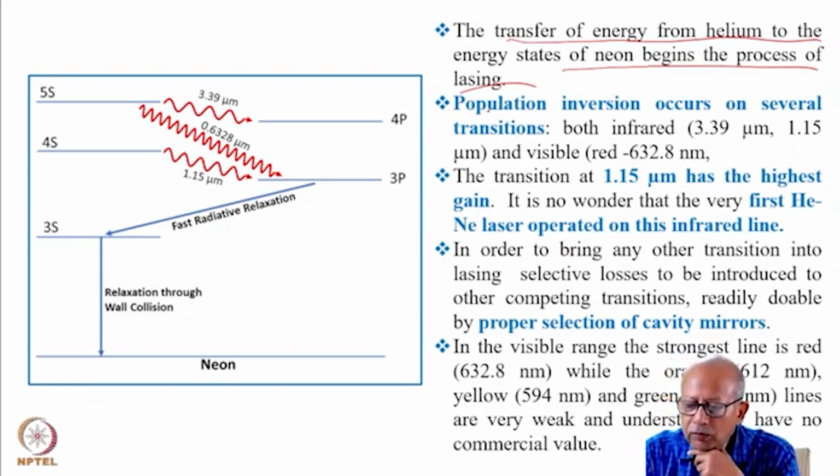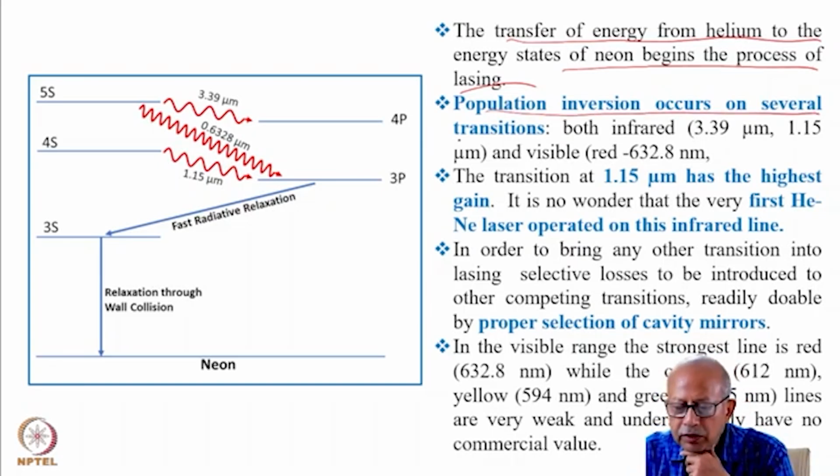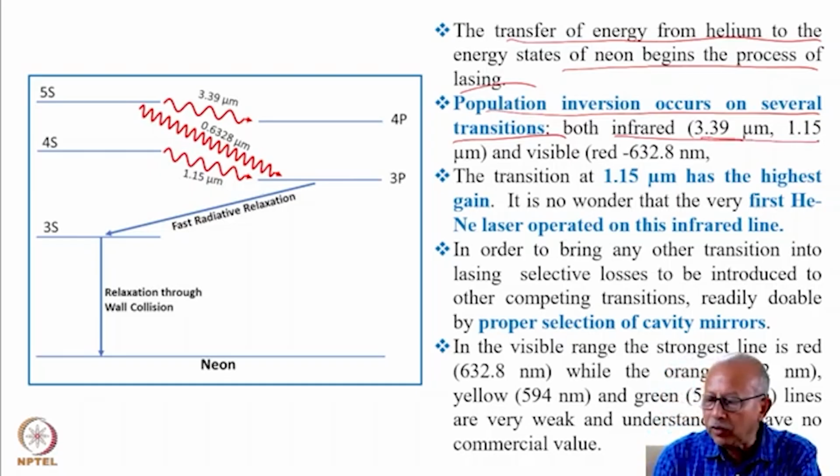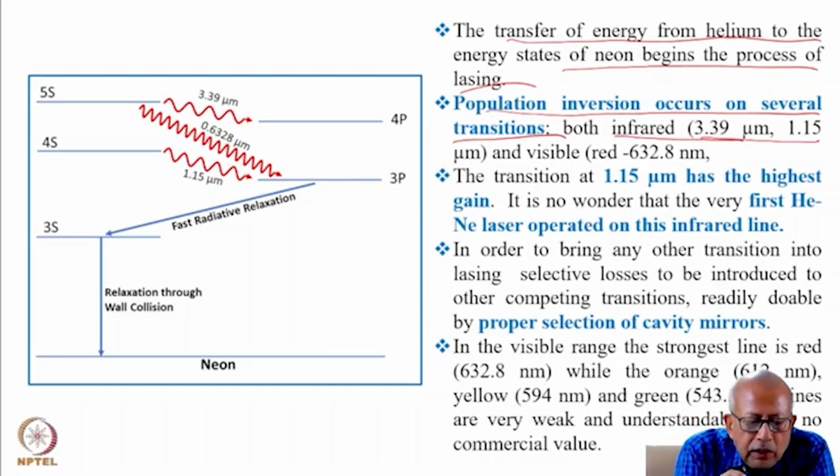Now, population inversion actually occurs on several transitions, both infrared at two different wavelengths, 3.39 micron and 1.15 micron. This transition basically occurs between, we have called it upper level 1, and this is lower level 1.